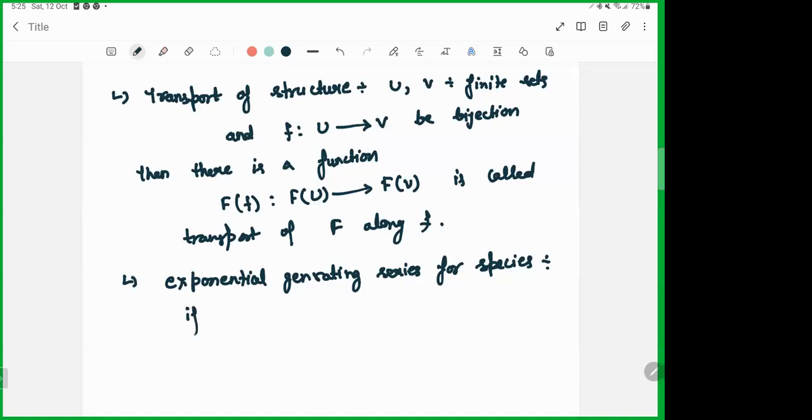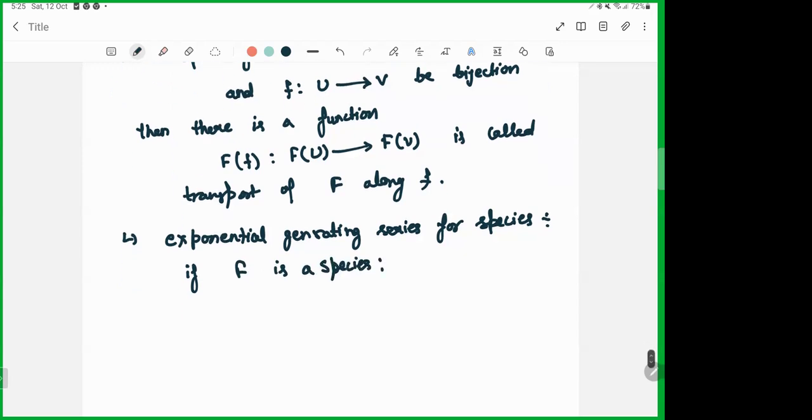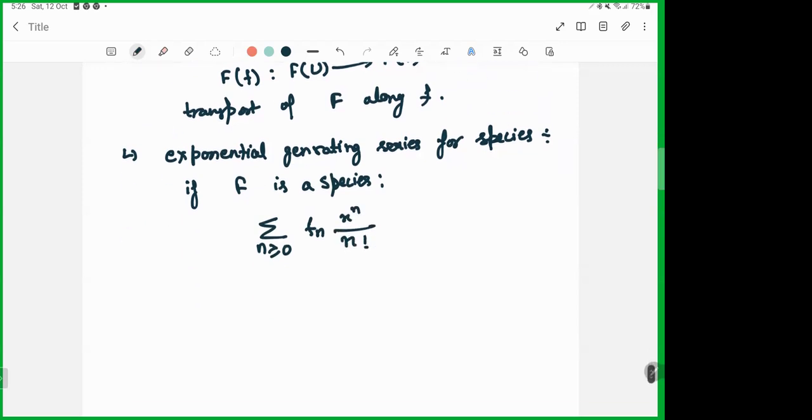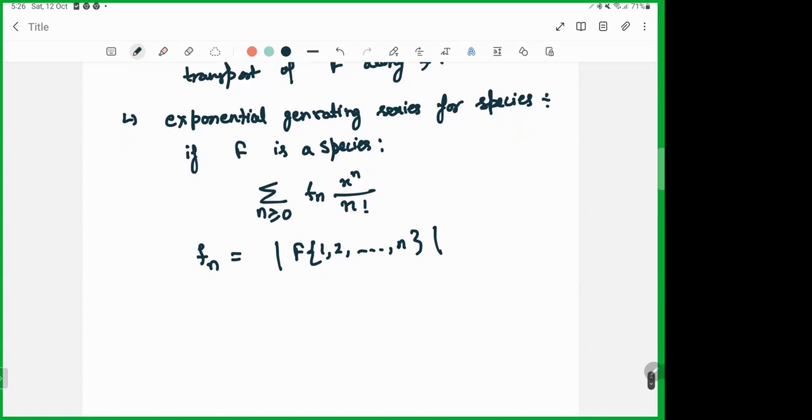If F is a species, then the exponential generating series is defined as the summation over n greater than or equal to 0 of f_n x to the power n by n factorial. And what is f_n? f_n is the cardinality of F on an n-set, basically the number of F structures on an n-set, right? Yes. This is the exponential generating series for species.